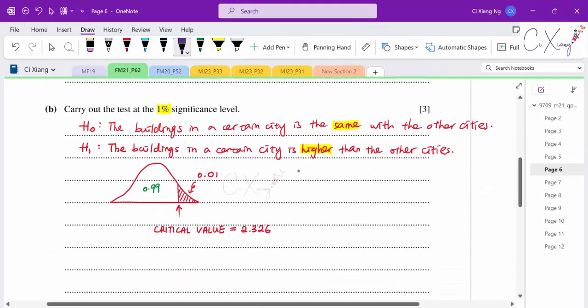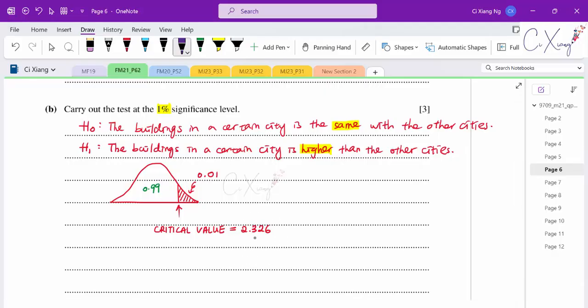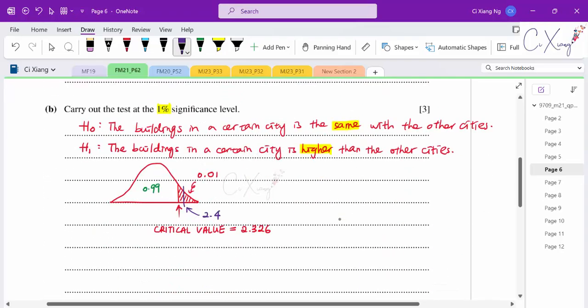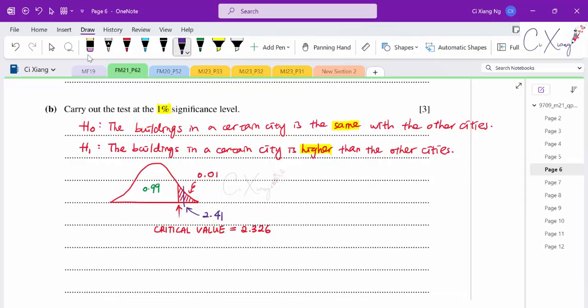So I want to place 2.41 in my graph here. Your critical value is 2.326, so 2.41 should be after the 2.326. Okay, so you can see that my test statistic falls under the shaded area, which is the rejection region.